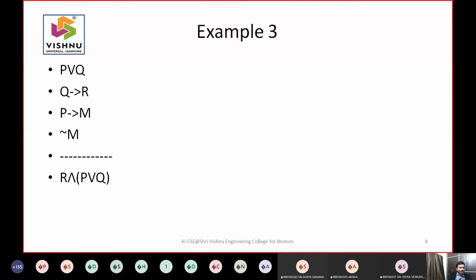Is there any chance that you get R from these 4 statements? S, sir. How do you get R? If you got R, obviously the problem is solved.